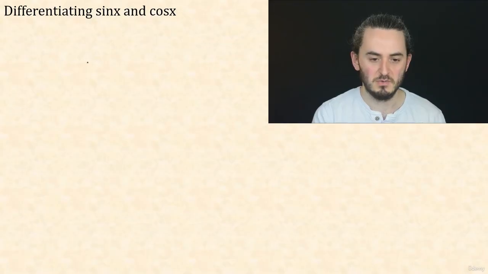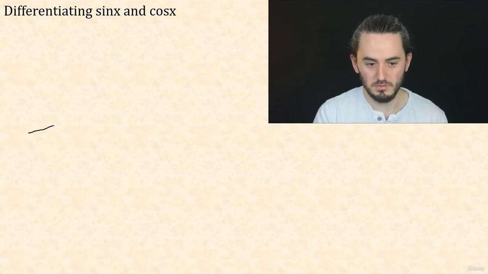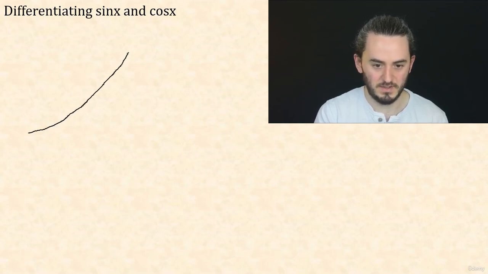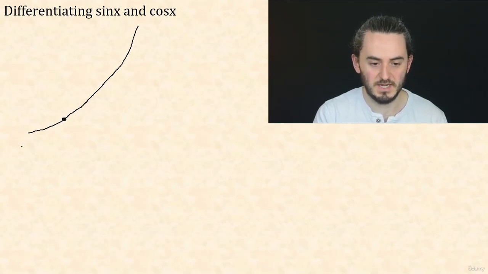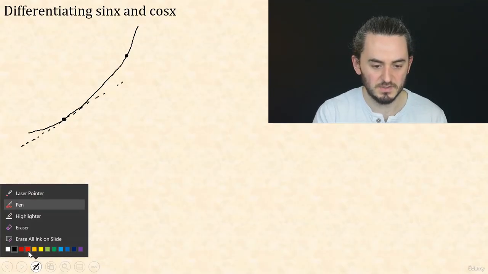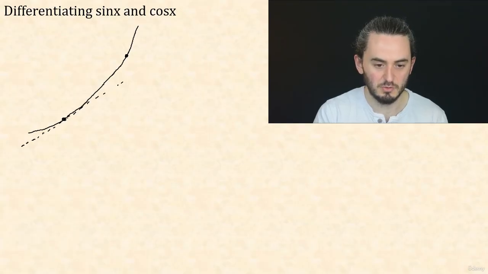All right, so in order to do this, we need to remind ourselves what first principles differentiation is. First principles differentiation is when you take a section of some function, you imagine a point on that function that you want to work out the gradient of the tangent to. And how we do it is we imagine a point just a little way along, and what we actually work out is the gradient of the line segment connecting these 2 points, so this line here.